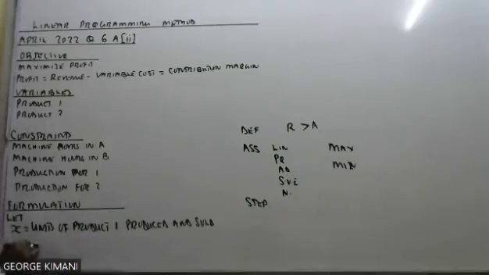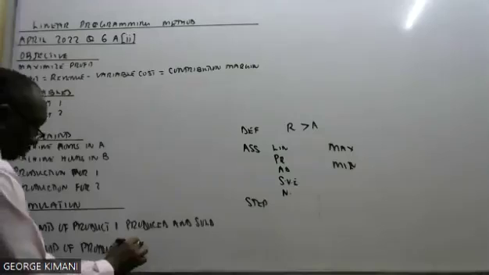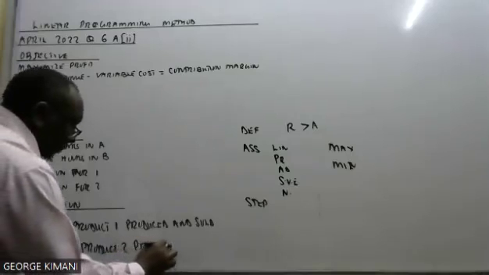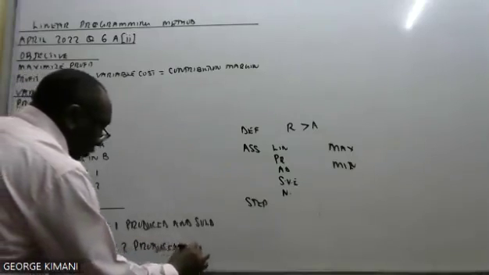Then let Y be units of product 2 produced and sold.